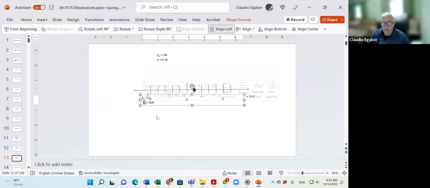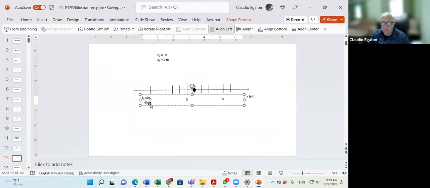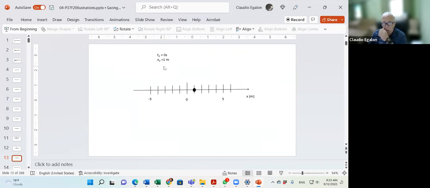And the X naught is going to be 1 meter. Okay, another example. This is another example.